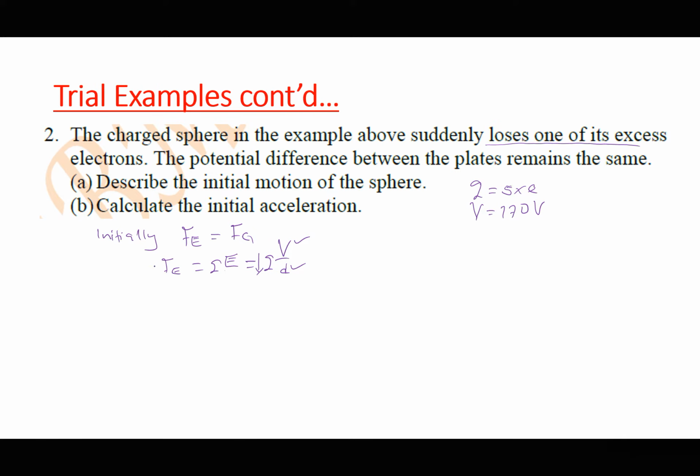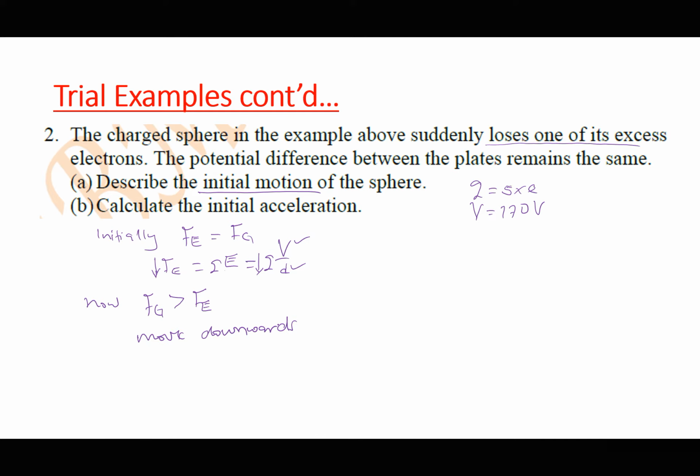Because Q has reduced, the force due to the electric field has also reduced. Therefore, the force due to gravity is now greater than the force due to the electric field. And because gravity is downwards, the sphere will move downwards, because the resultant force on it is downwards.